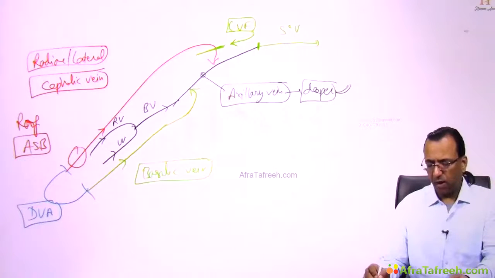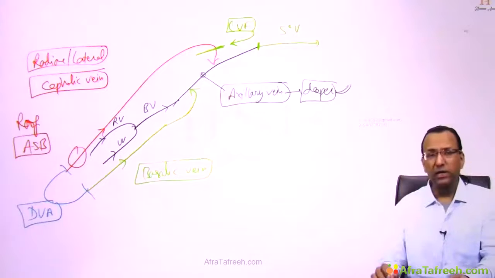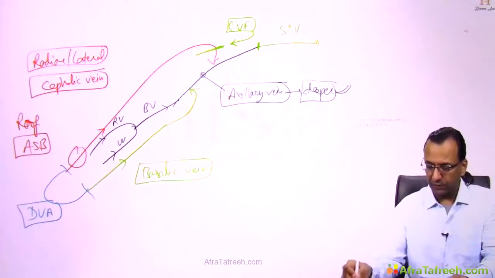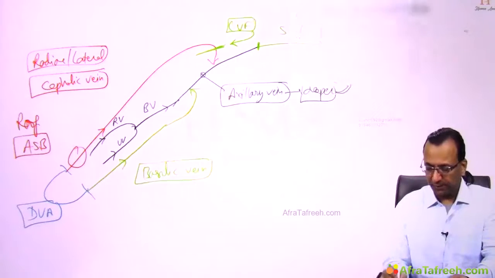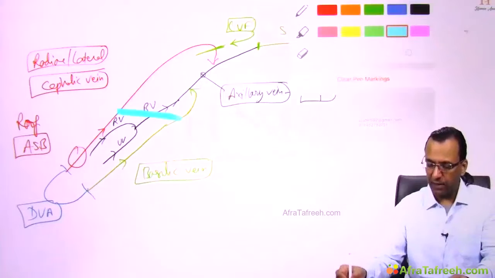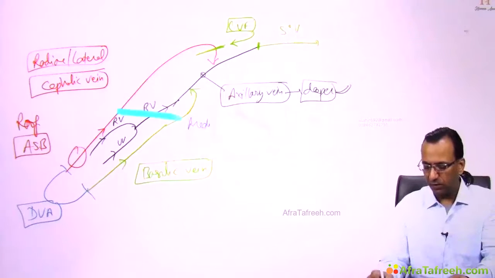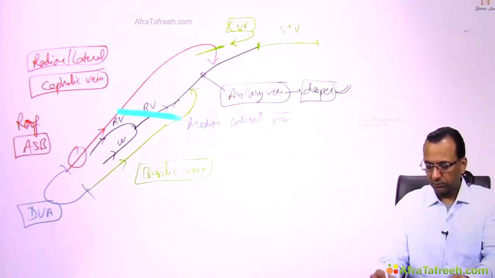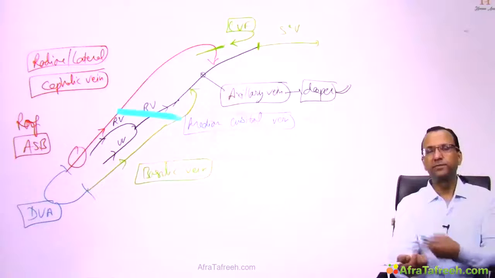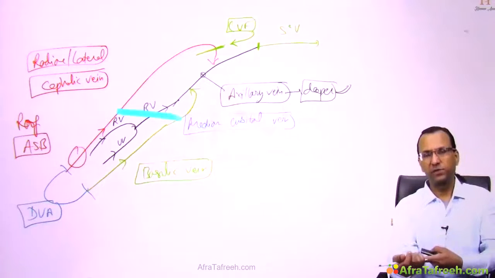Then what is this communication of the cephalic vein with the basilic vein? It is called the median cubital vein, and that median cubital vein is quite a common vein to take a blood sample or to inject blood in a blood transfusion.